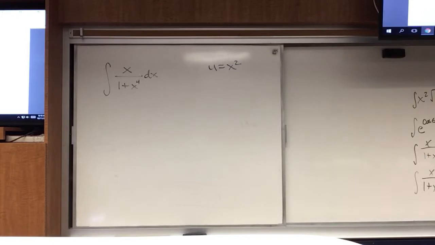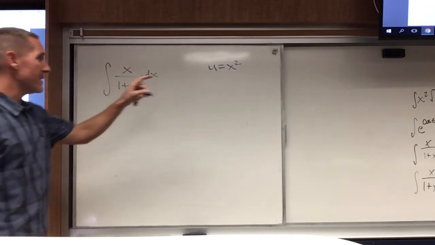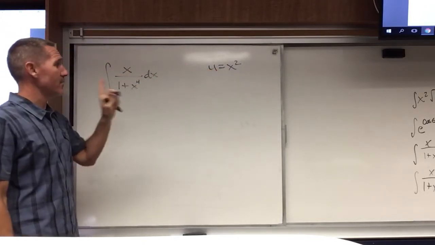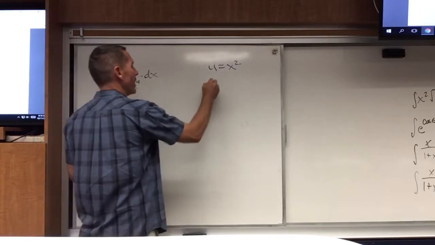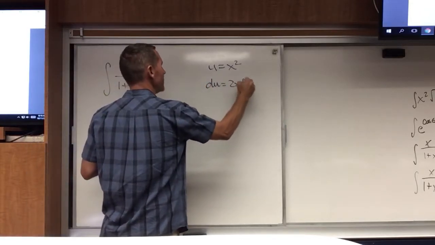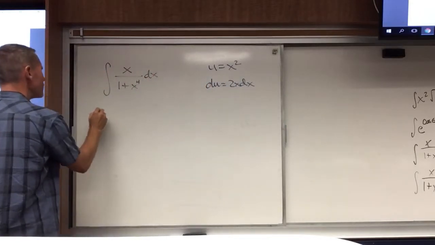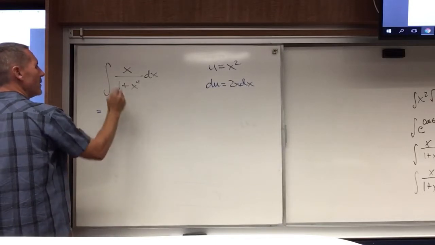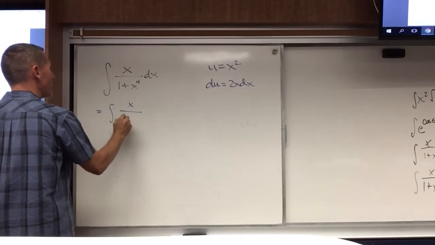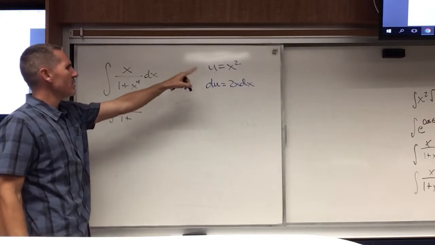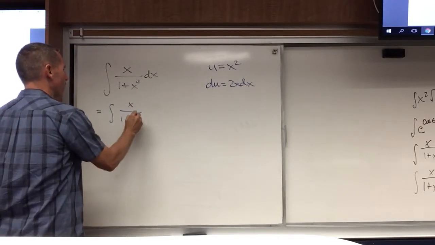If I set u equal to x squared, well, why would I do that? Well, first of all, I can see that its derivative is going to cancel with that guy, so that's nice, right? du equals 2x dx. And then this would be the integral of x over 1 plus, well, if u is x squared, then this would just be u squared.